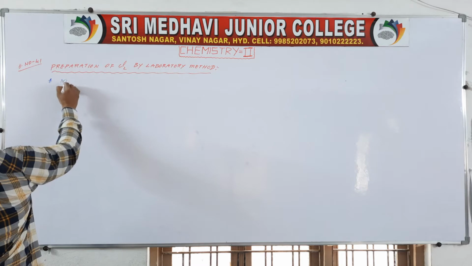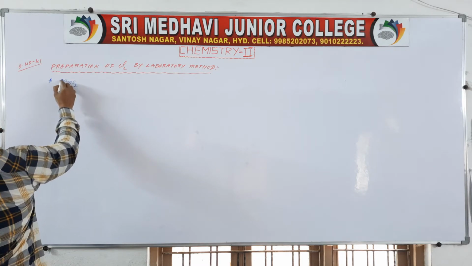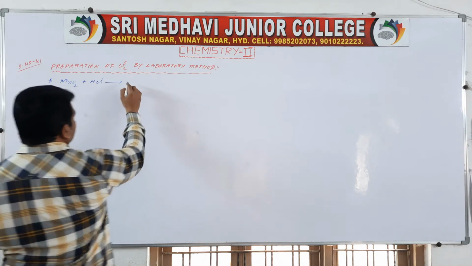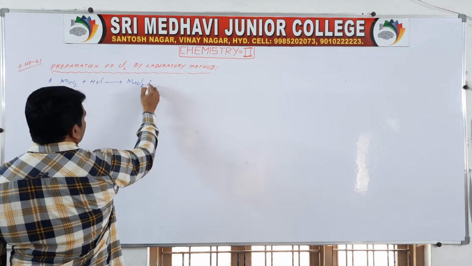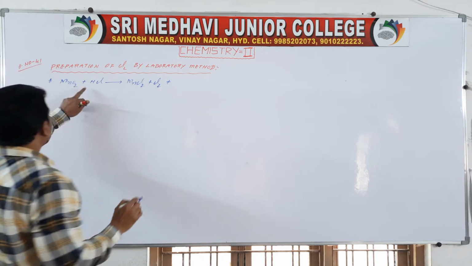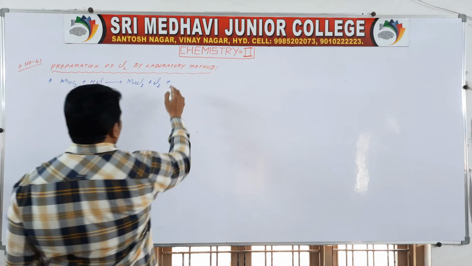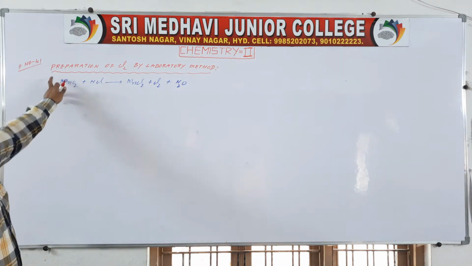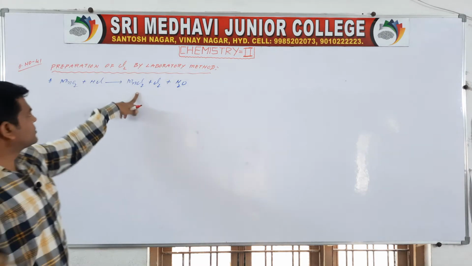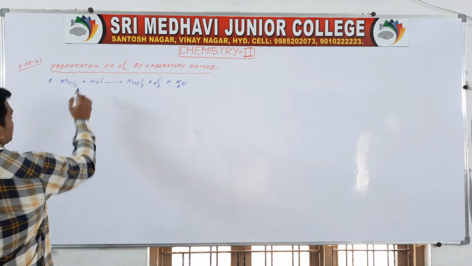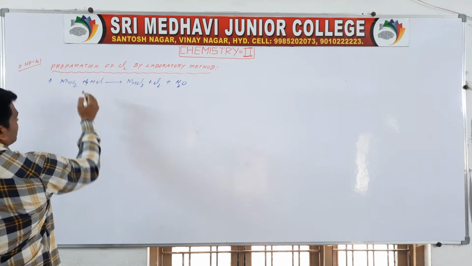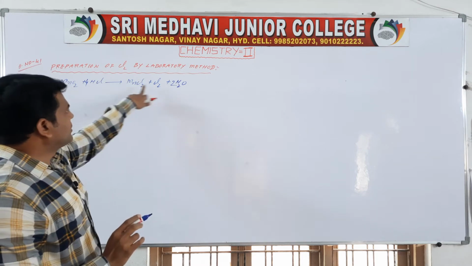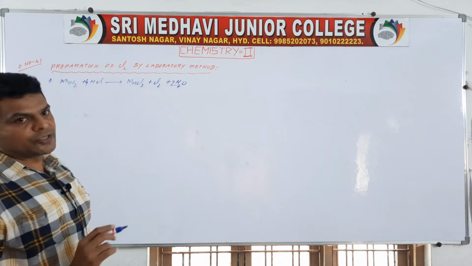MnO2 is manganese dioxide, which reacts with HCl to give MnCl2 plus Cl2 plus H2O. So here, if you take 4 HCl and 2 H2O, then it is balanced. Manganese chloride, chlorine plus H2O is formed.